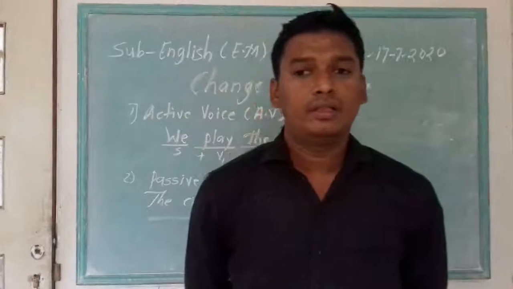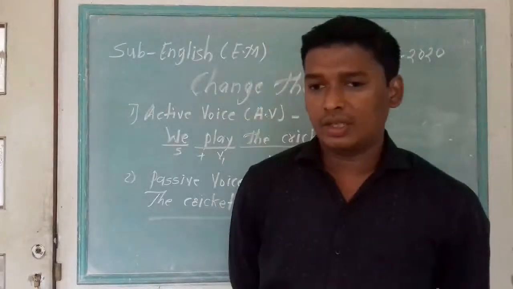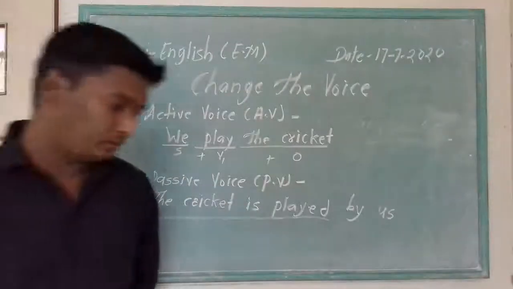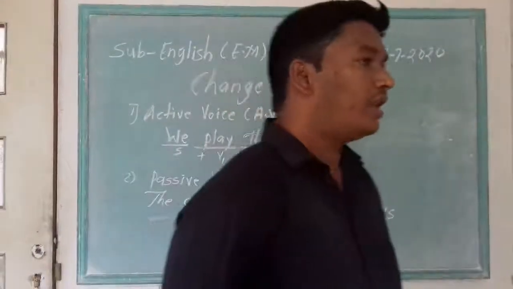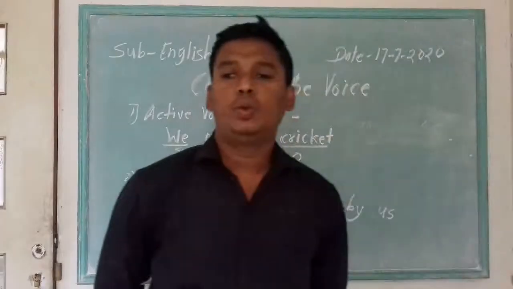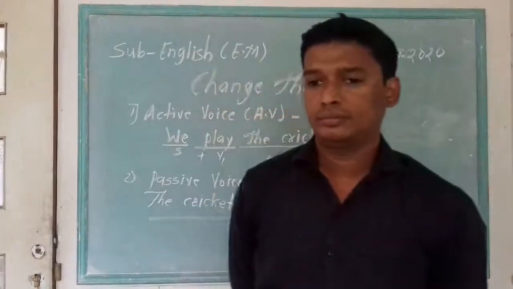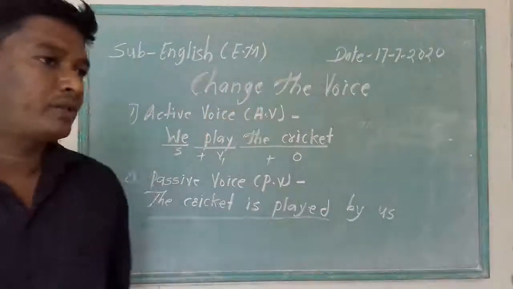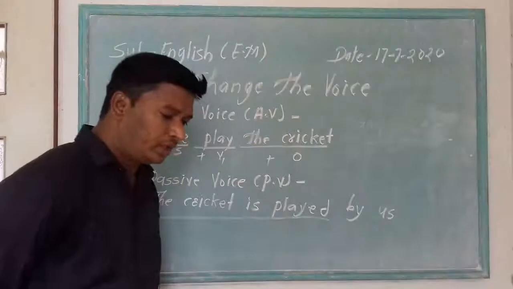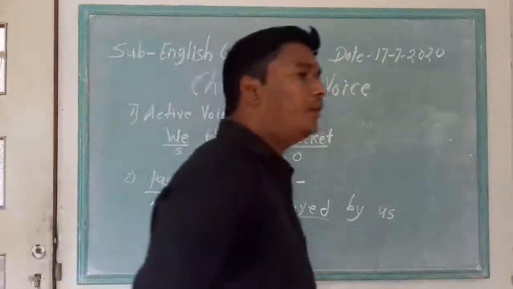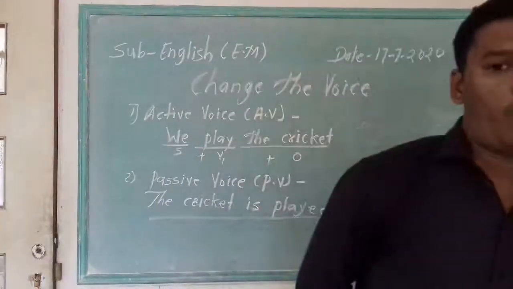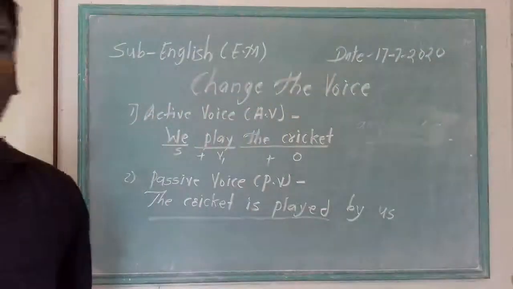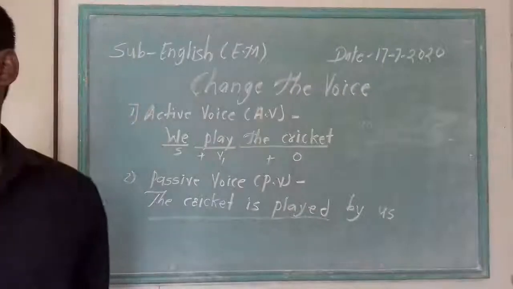If we ask a question to the main verb, put the main verb in single inverted commas, by what and whom, put what and whom in single inverted commas.